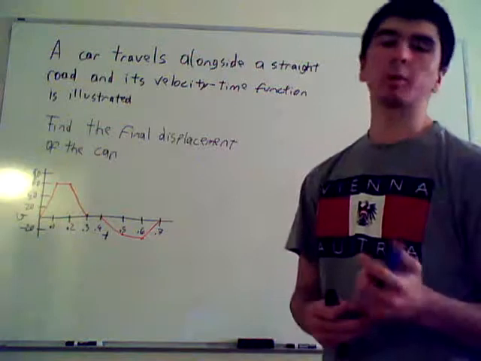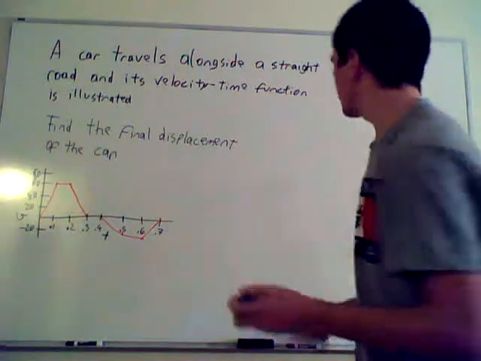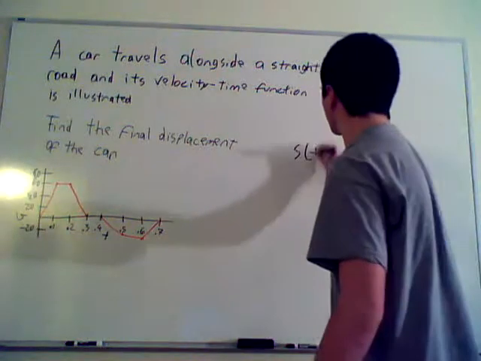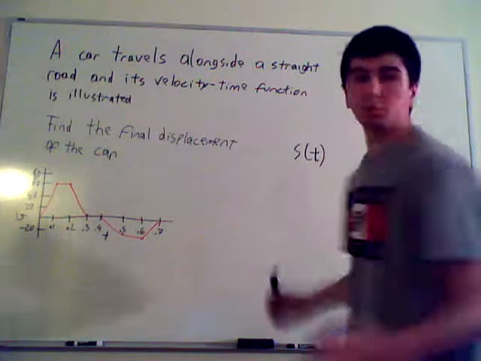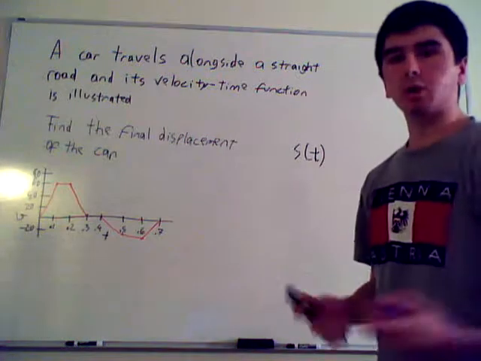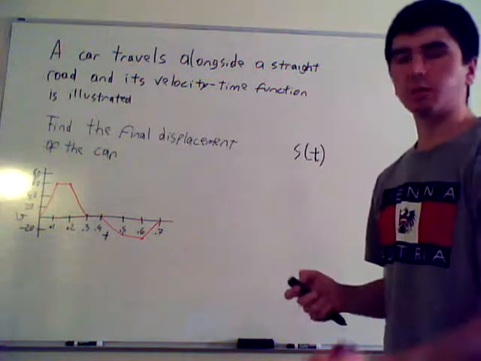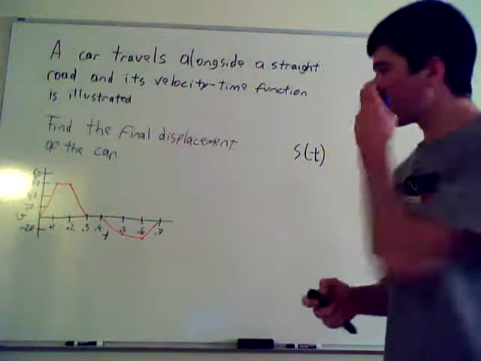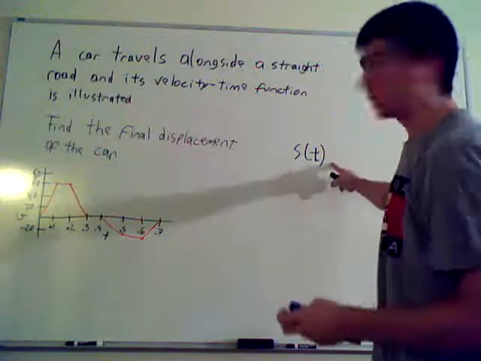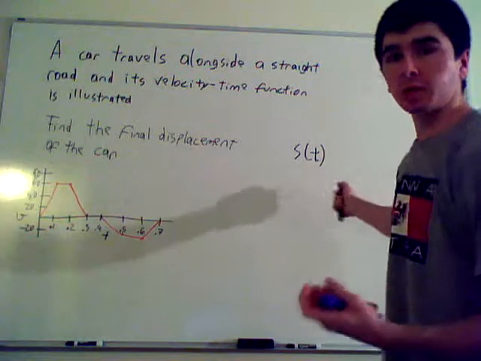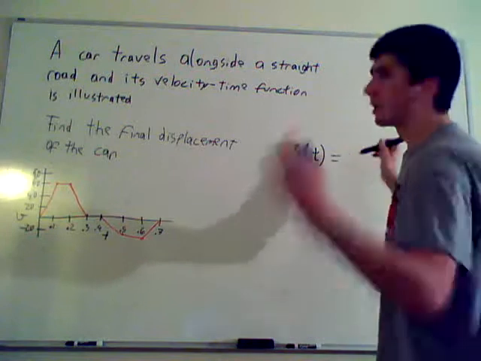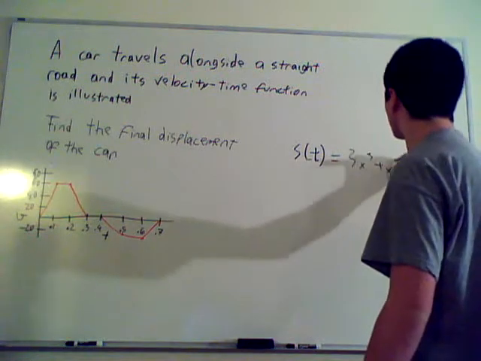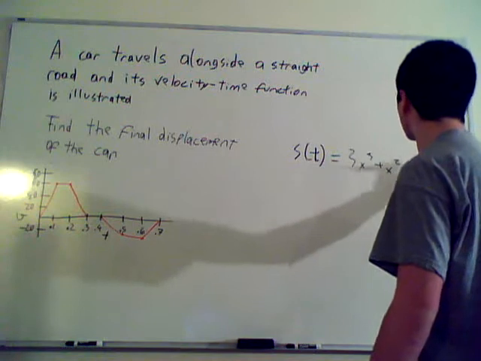So think back when you learned about regular derivatives. You had your displacement function, s of t, s being displacement and t being time. So the function of displacement in terms of time. I'm just generalizing. So when you had a function, let's say it was 3x cubed plus x squared plus x minus 5.